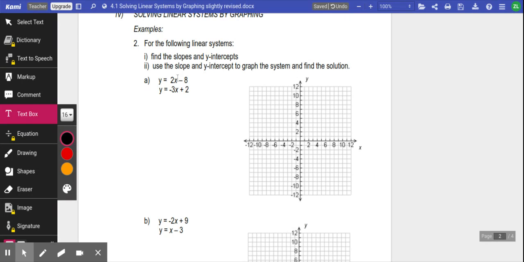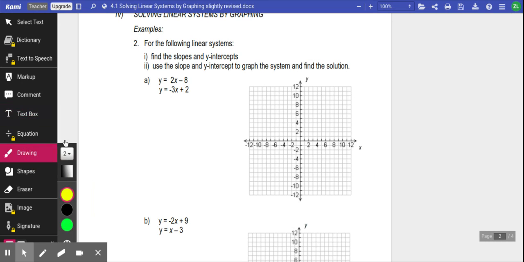If we look at the first example, we have a slope of 2 and a y-intercept of negative 8. If I'm going to draw this out, at step 1, I have a slope of 2 and a y-intercept of negative 8.